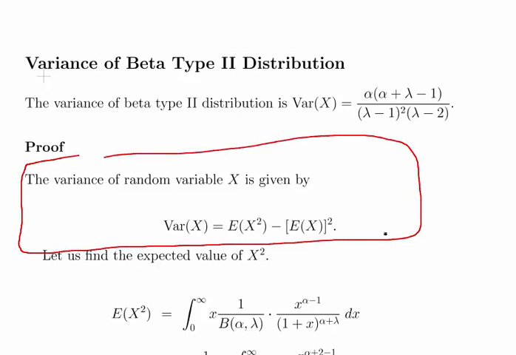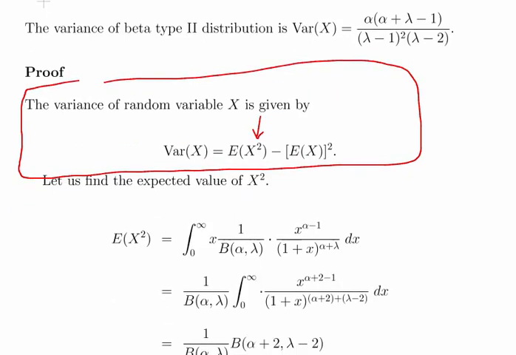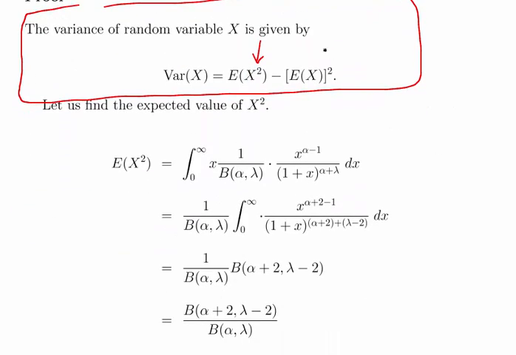What we're going to need here is the expected value of x squared. That's the key part. We already have the expected value of x, we just square that later on. So the expected value of x squared is the integral of x squared f of x dx.